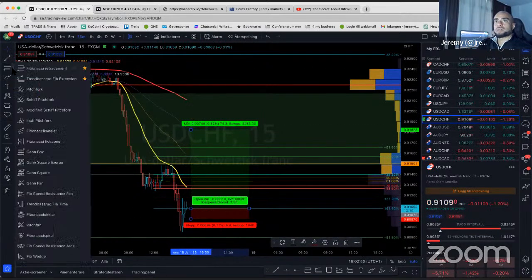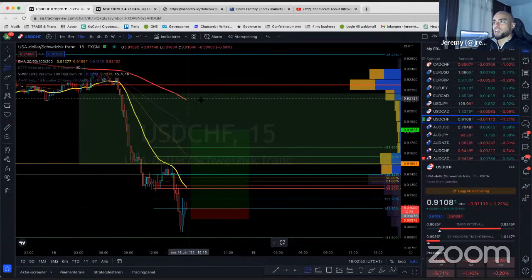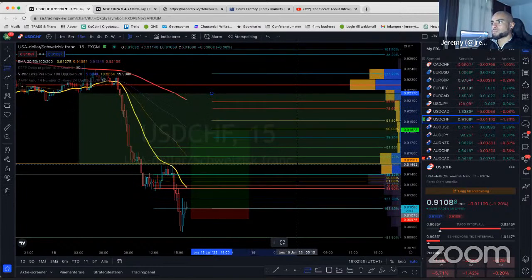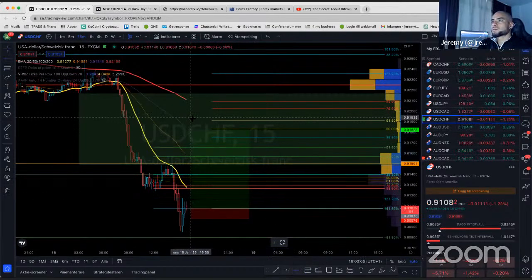And that trade would go all the way up to 50% of this liquidity zone that we got here. Where is 50%? Here is 50%.